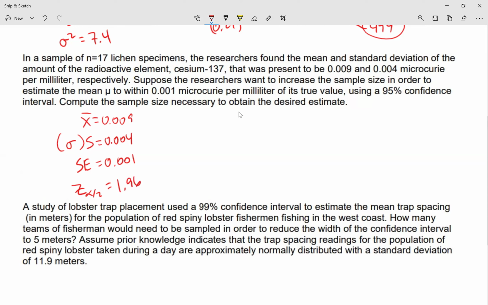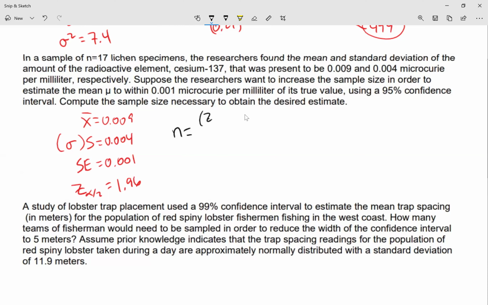Compute the sample size necessary to obtain the desired estimate. Okay, so I remember my formula. Let me rewrite my formula. My N, for me to know my sample size, I have to go my C-score squared times sigma, standard deviation, I could use sigma or S, standard deviation squared, divided by my sample error squared.